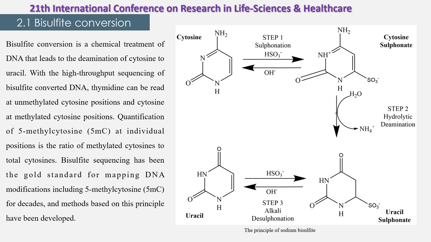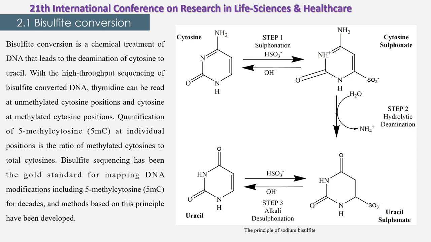Bisulfite conversion is a chemical treatment of DNA that leads to the deamination of cytosine to uracil, followed by high-throughput sequencing of bisulfite-converted DNA. Reads show thymine at unmethylated cytosine positions and cytosine at methylated cytosine positions.